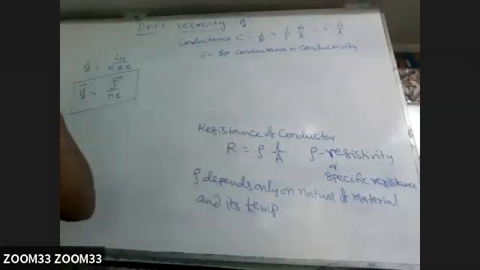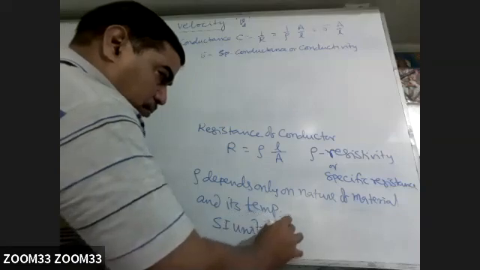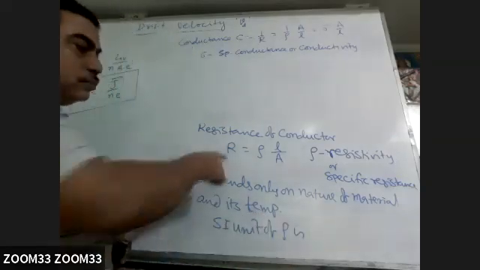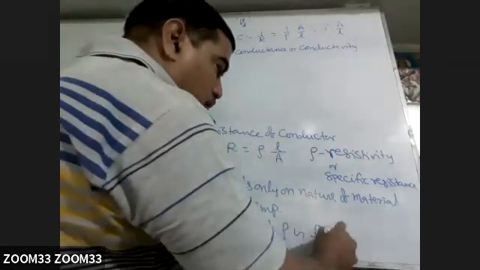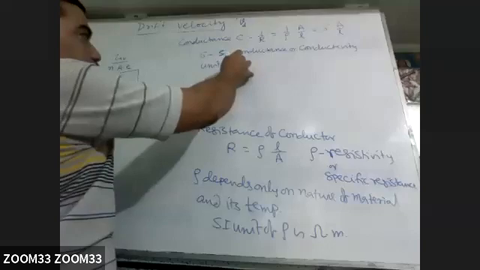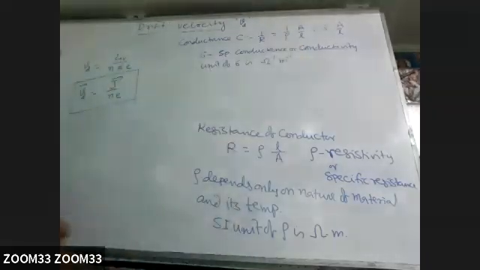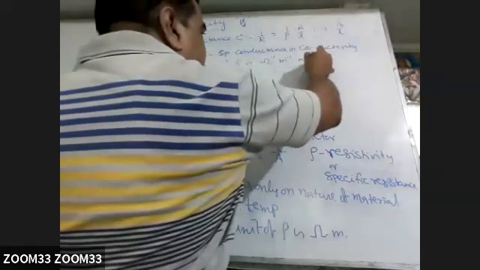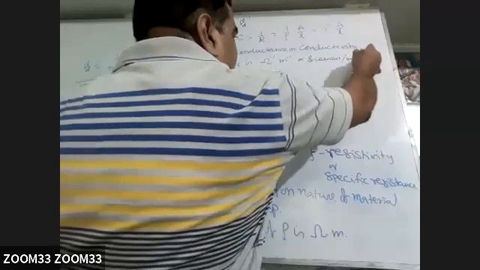Unit of rho? Ohm meter square by meter, that is ohm meter, and the unit of sigma is ohm inverse meter inverse, or siemens per meter.